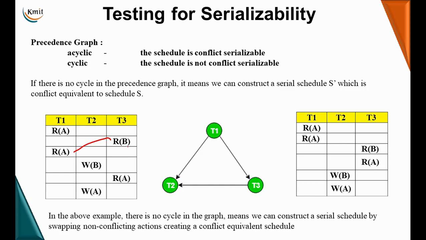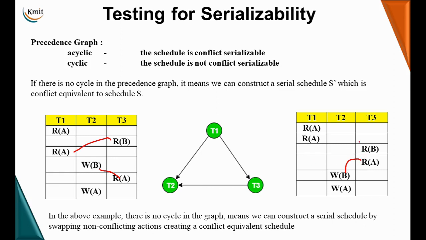That is why they are known as non-conflicting actions. I can just bring it down and this can be taken up. That is what we see in the converted schedule. Read of A and read of B have been swapped. Coming to this action, where we have write of B and read of A on two different objects, that also can be swapped, and we see here that it is swapped. So write has been brought before.